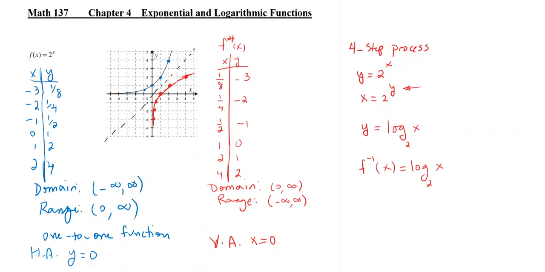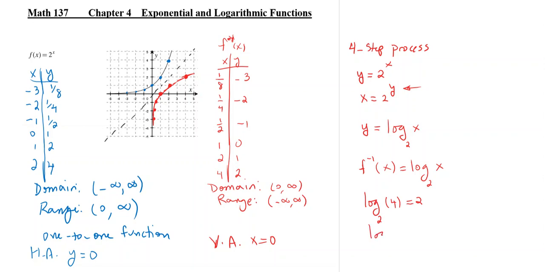So you already know some stuff about this function. You know its domain is 0 to infinity. You know its range is negative infinity to infinity. You know it has a vertical asymptote at the y-axis. And you know what the graph looks like. You also know some values for this function. Like if I just pick this last ordered pair here, we know that log base 2 of 4 equals 2.